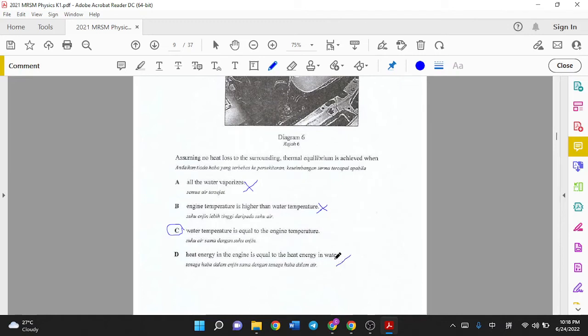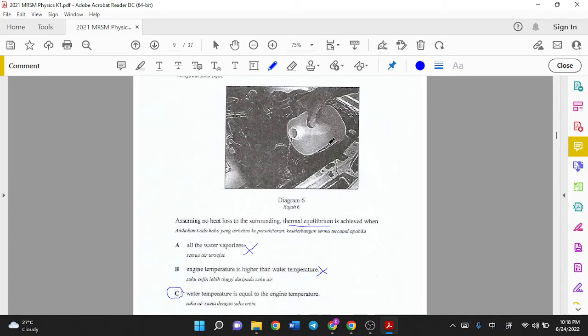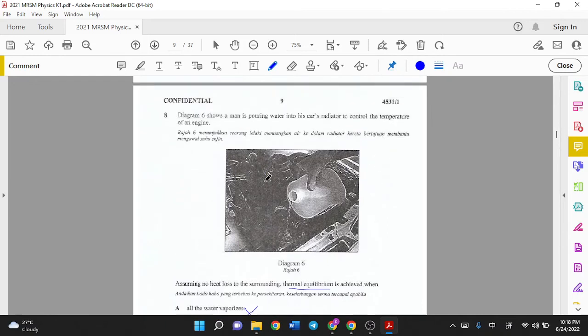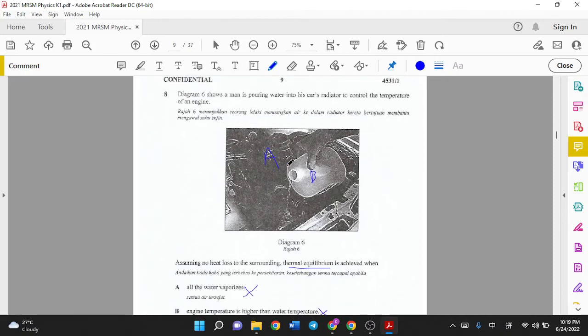Heat energy in the engine is equal to the heat energy in water. This is not true. So let's understand the meaning of thermal equilibrium. Initially, when two objects, object A and object B, have different temperatures, heat energy transfer will occur at different rates. But when the temperature becomes the same, then the heat energy transferred from A to B and from B to A will occur at the same rate.